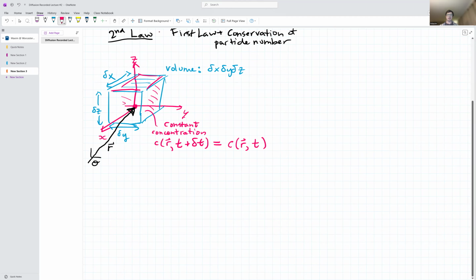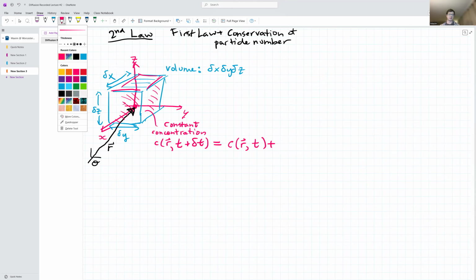So first of all, let's do the particles coming in and out of the surface along the x direction, so the back and front of the cube. Maybe I'll color it green.